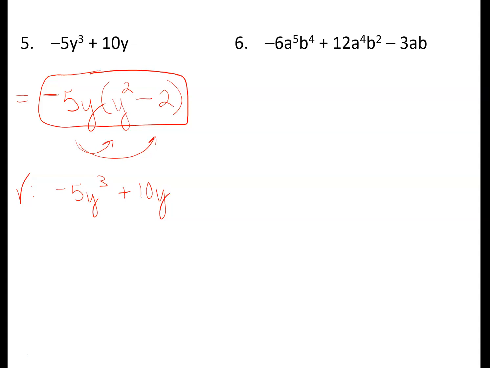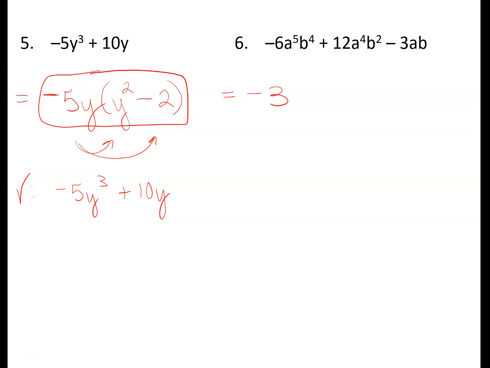Let's go ahead and do one more. This one again has a negative on that first term. So we're going to pull that negative out, and then we're going to check the coefficients. 6, 12, 3. 3 would be the greatest number that divides all of those.